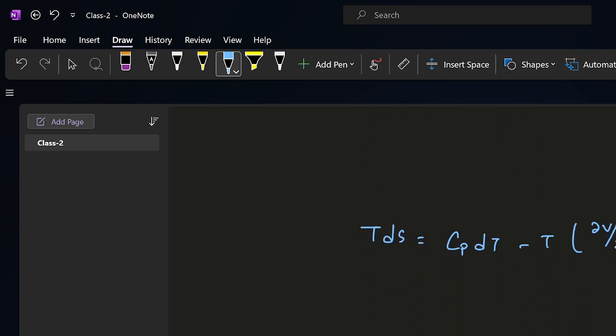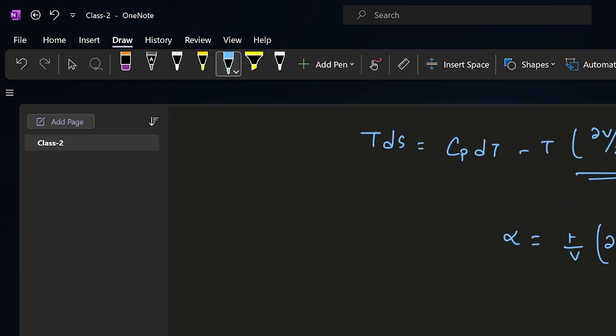Now here it becomes relatively simpler, because you don't have to do much further simplification. After this part, just directly use the value of alpha, the volume expansion coefficient. Alpha is 1 by V del V del T at P constant. So clearly you see that term over here. So you just adjust all the terms so that you multiply by a V so that you get a V in the denominator.